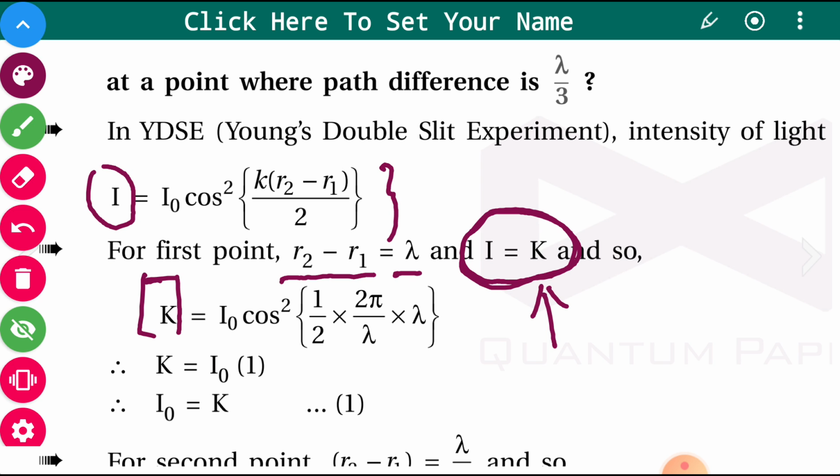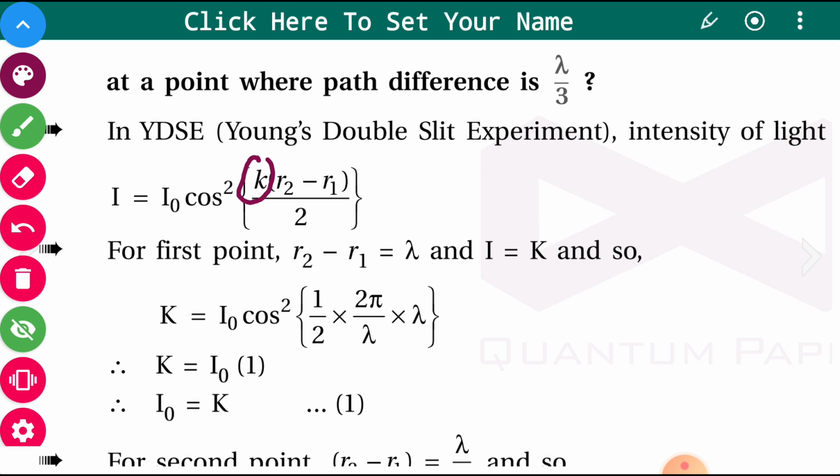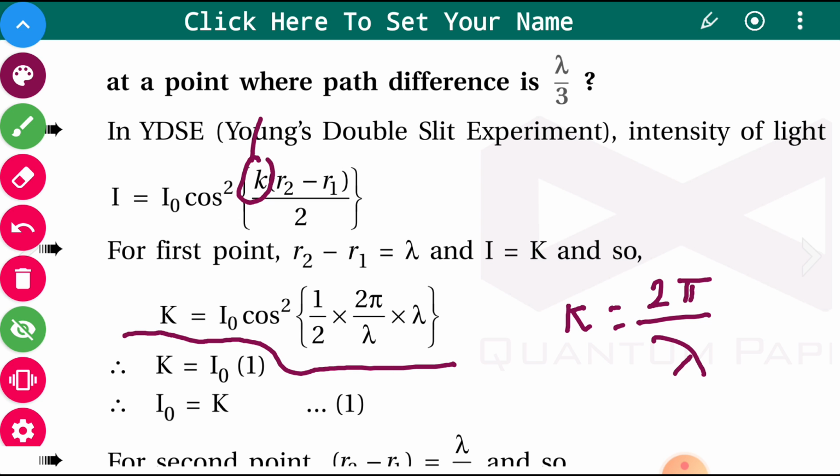Instead of R2 minus R1 we write lambda. And as you know, the wave vector k appearing here is 2 pi upon lambda. So these values are substituted here: instead of small k it is 2 pi by lambda.